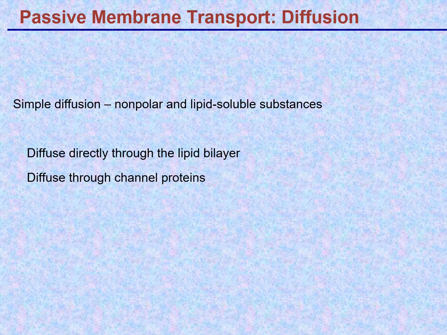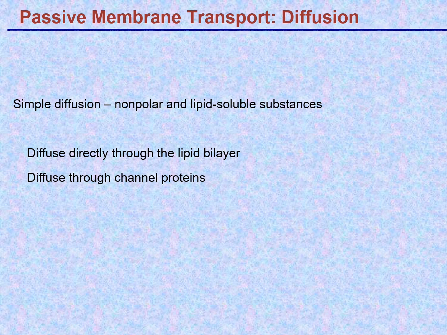All right, so we'll go through each of the mechanisms in turn that I just introduced. In terms of passive transport, simple diffusion is the movement of non-polar lipid-soluble substances across the bilayer.